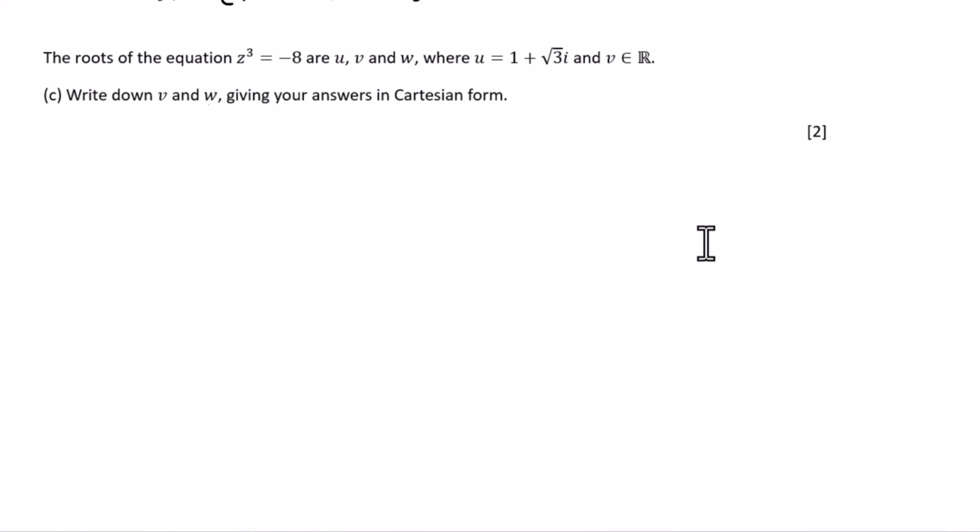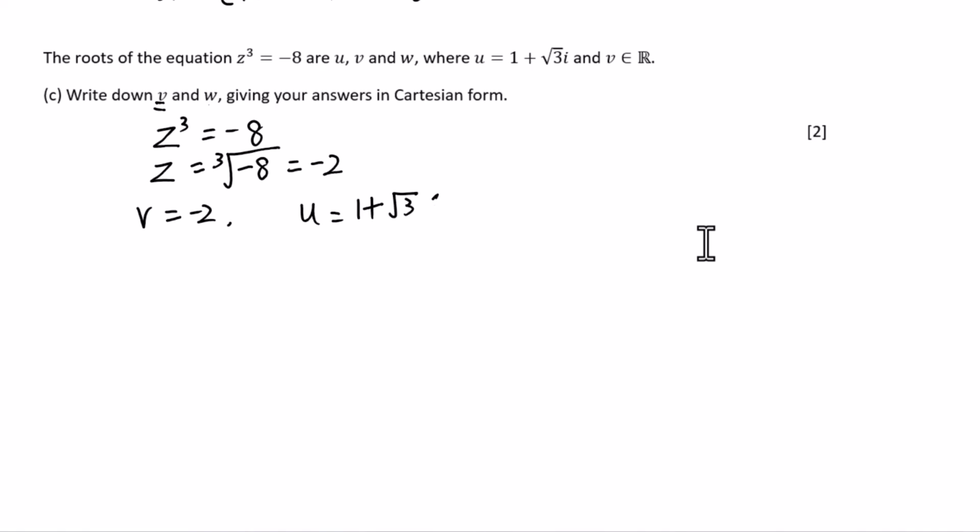We can figure out v easily. z to the third power equals negative 8, so z equals cube root of negative 8 equals negative 2. So v equals negative 2, and u equals 1 plus square root of 3 i.